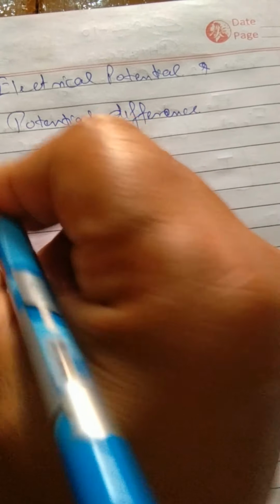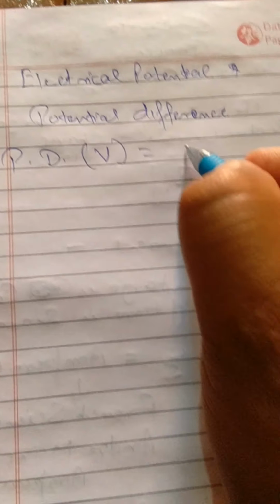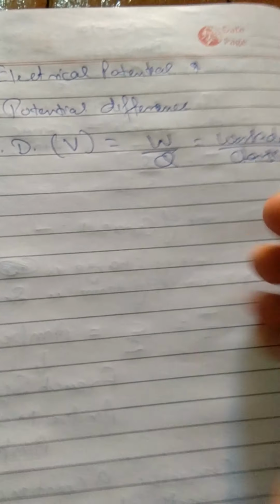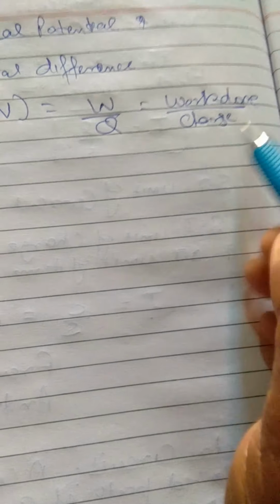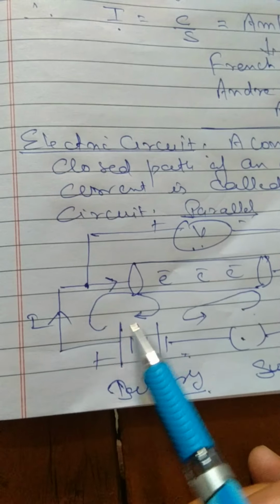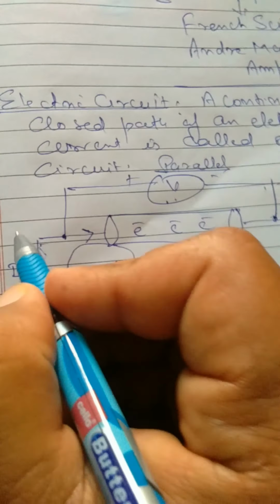It is represented by the short form PD, and potential difference is represented by V. It is W by Q, that is work done upon charge. It is defined as the amount of work done to move a unit charge from one point to another point. Suppose this is point X, this is Y.